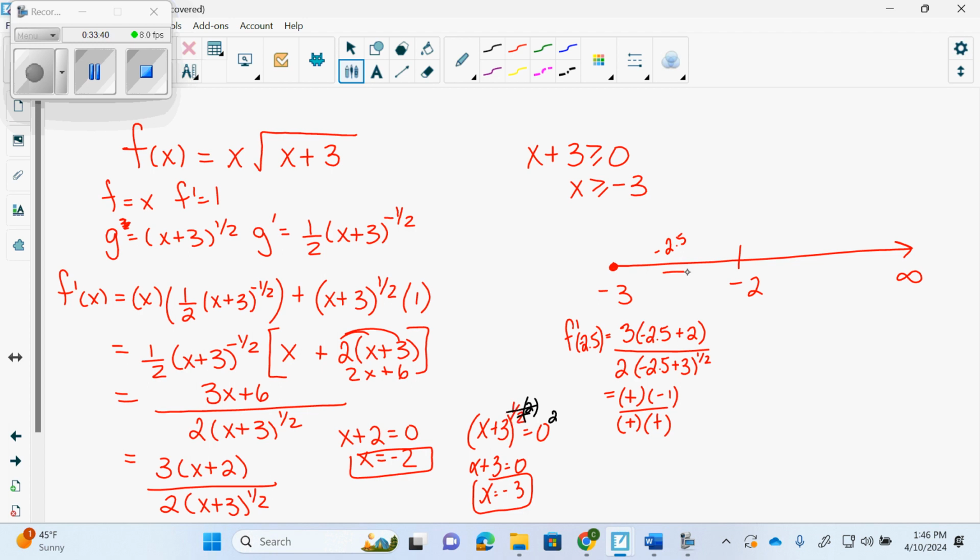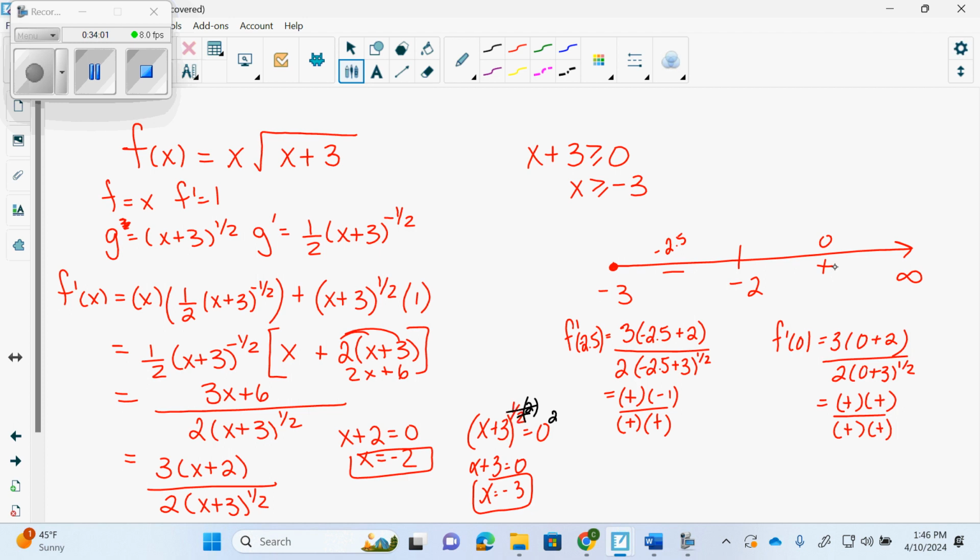Then here I can plug in 0. So f prime of 0 equals 3 times (0 plus 2) over 2 times (0 plus 3) to the half. So I'm going to get a positive times a positive over a positive times a positive, which is a positive.